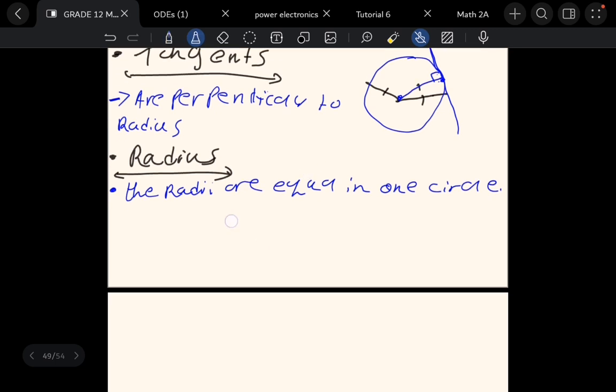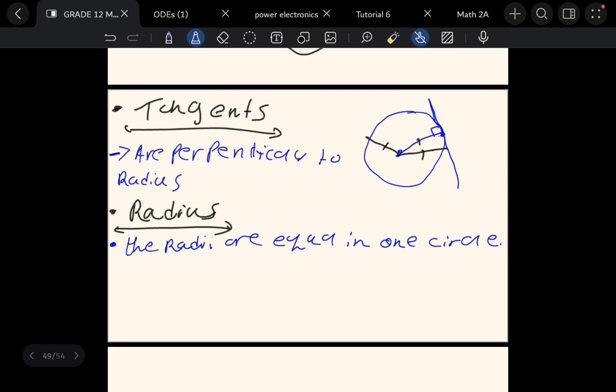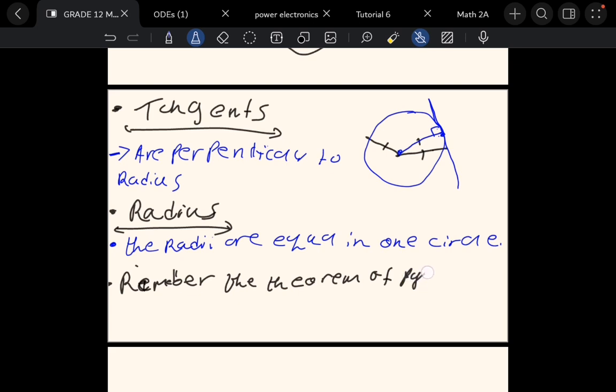What is the next concept that you need to understand? Remember the theorem of Pythagoras, which means it's going to be what?